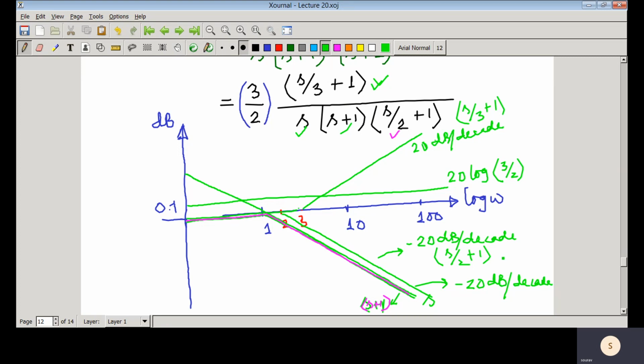So now if we just add those terms, how it would be? Because of this particular term, that is 20 log 3 by 2, this one would be shifted like that, and it will continue up to that.